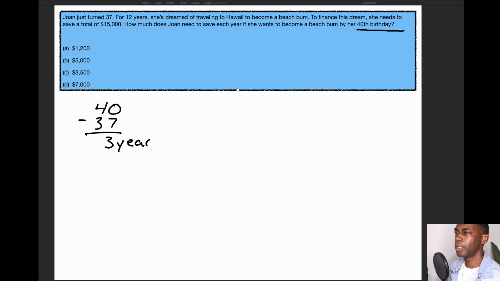All right. She needs to save a total of $15,000. So we're going to take this $15,000 and we are going to divide it by the amount of years that we have to save it in order to find out how much we need each year to meet the goal, all right?